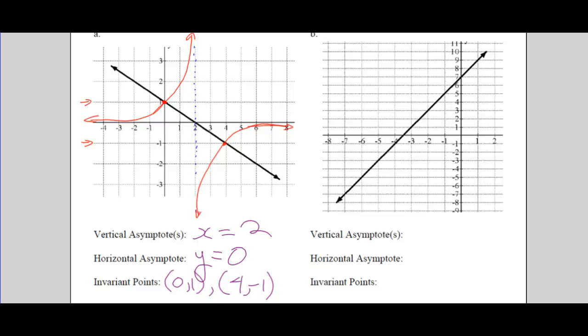Did the exact same procedure, right? You've got the 5-step procedure. Start off with your asymptote line. Vertical asymptote, right? Start off with the vertical asymptote. Plot the invariant points.